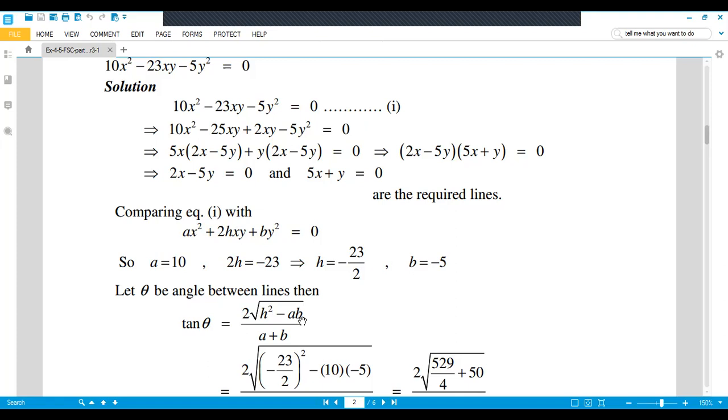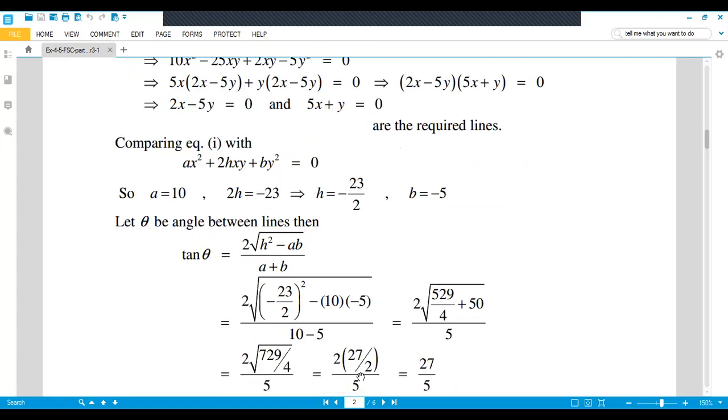Tangent theta is equal to 2 under root h square minus ab divided by a plus b. Now in place of h you put its value whole square, minus in place of a you put its value, and in place of b you put the value minus 5, and a plus b, so 10 plus minus 5. So what do you get? Square of 23, 529, and square of 2 is 4.